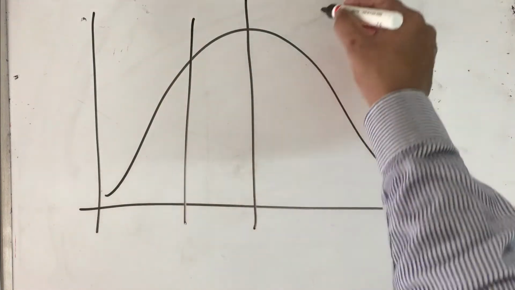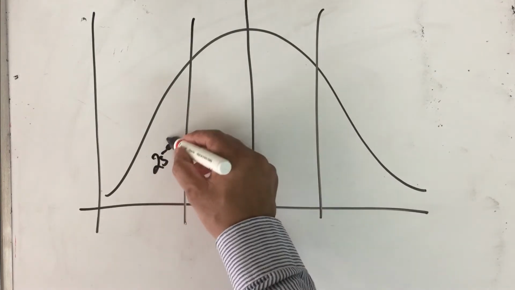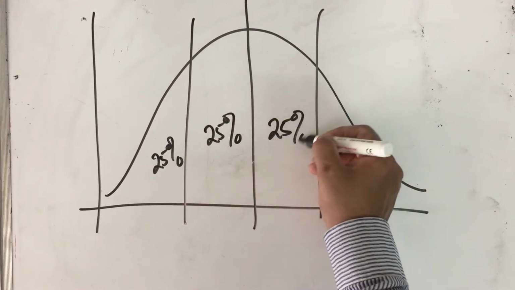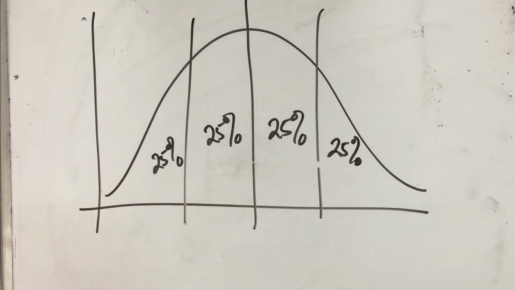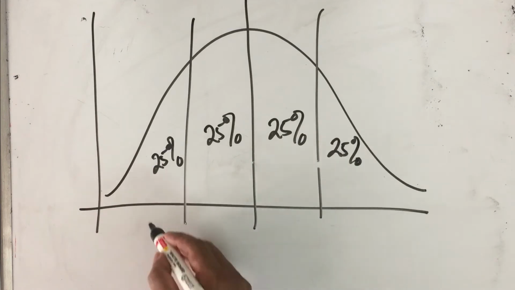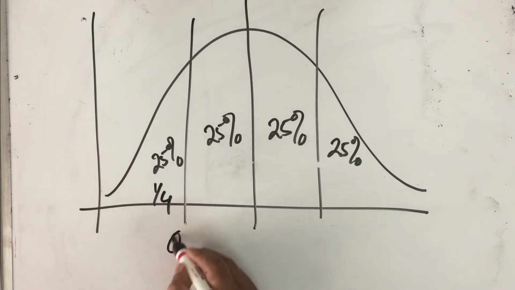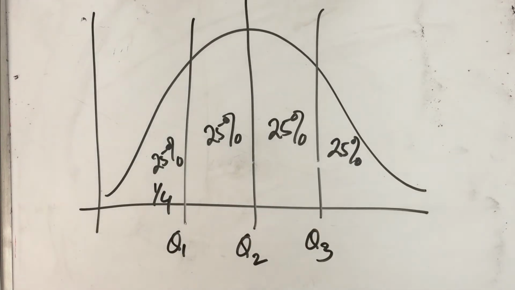This is dividing the distribution into 4 parts. This is 25%, this is 25%, this is 25%, and this is 25%. So quartile deviation is nothing but we are trying to find out how much is 1/4 of it. This is Q1, this is Q2, and this is quartile number 3.